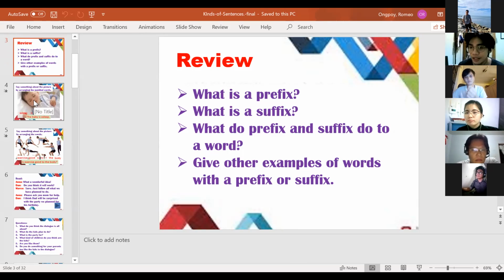Can anybody of you, at least one, give another example of a word with a prefix or a suffix? Anybody from the class? Like the words disconnect earlier, or recall, homeless, sir. Recall.